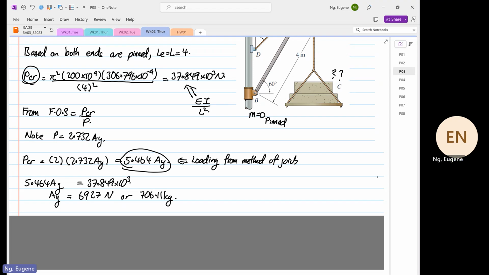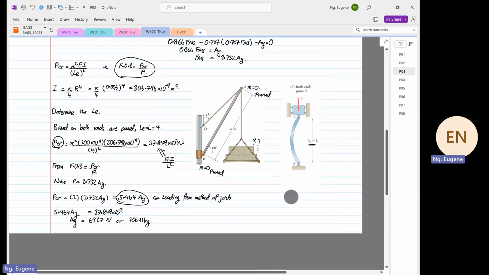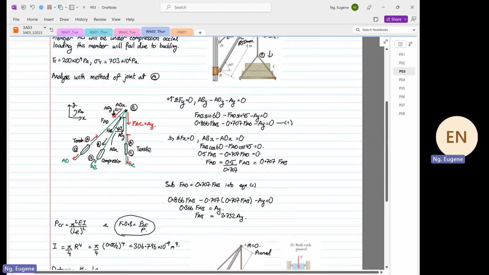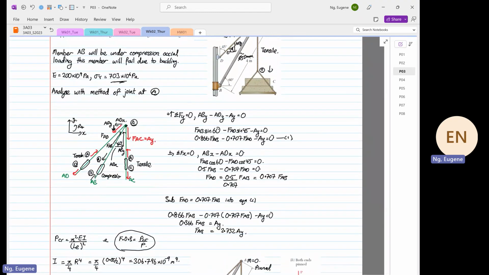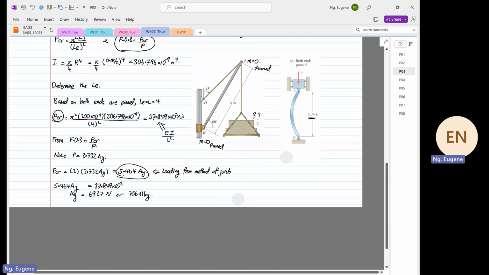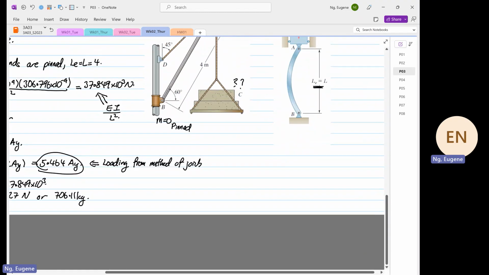Okay. So we're going to next check based on critical stress, because we are given the yield strength of 703, and this is straightforward. So check based on critical stress.